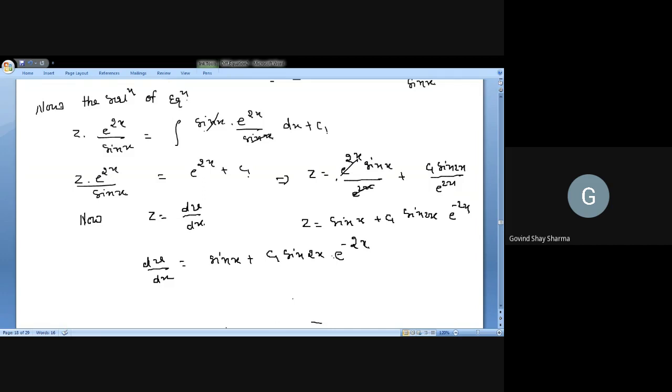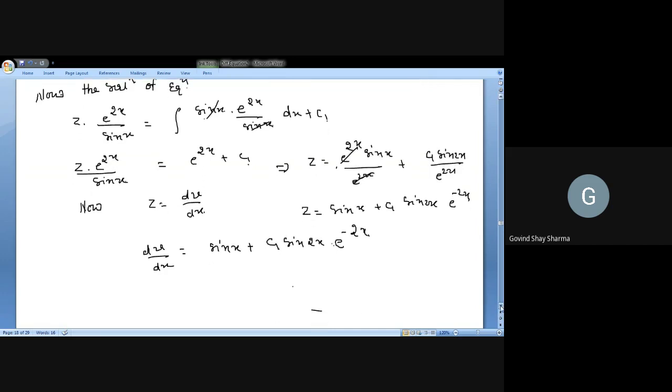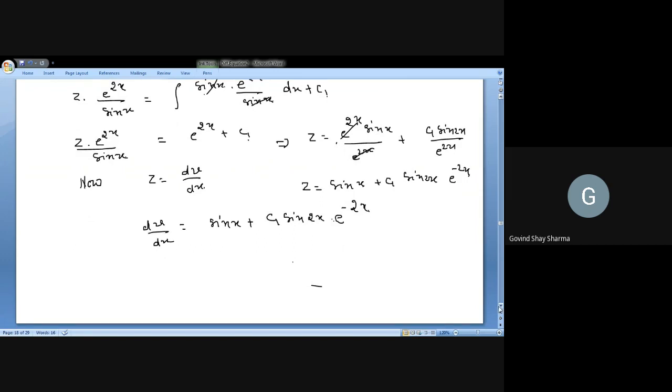Okay, so the calculation is proper. Continue, but we should check our calculation because there is some typical part of calculation.